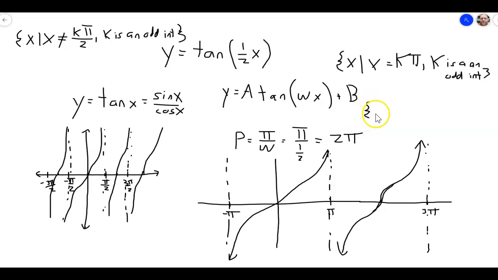If you wrote the domain with dot, dot, dot, and then negative 3 pi, negative pi, pi, 3 pi, with a couple more dots, and said these are not in your domain, that would be good as well. Just something so whoever's reading this can tell that these values are not in your domain.